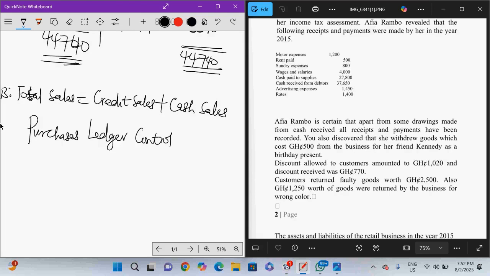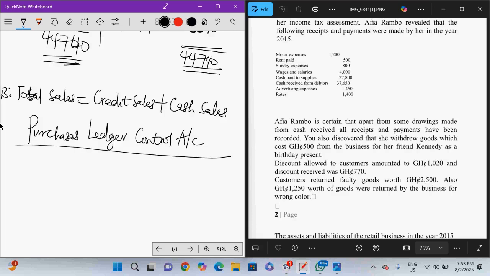Please, can you go over the total sales again? See, when you are preparing the income statement, what is the first item? The sales. So the sales is credit sales plus cash sales. When you are selling, some of your customers will buy on credit.